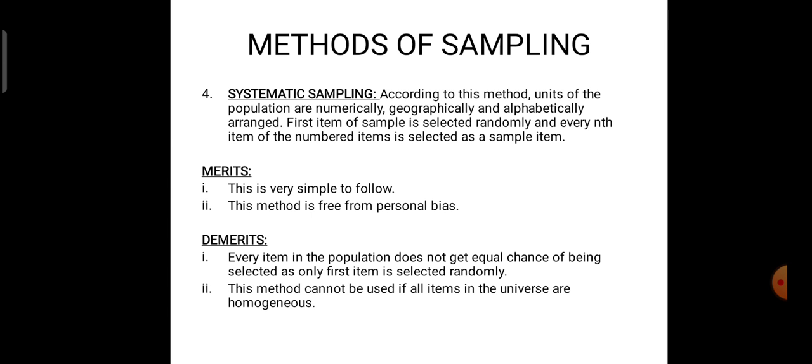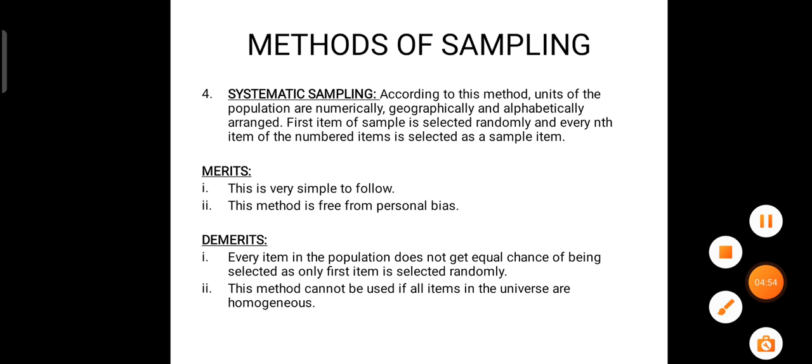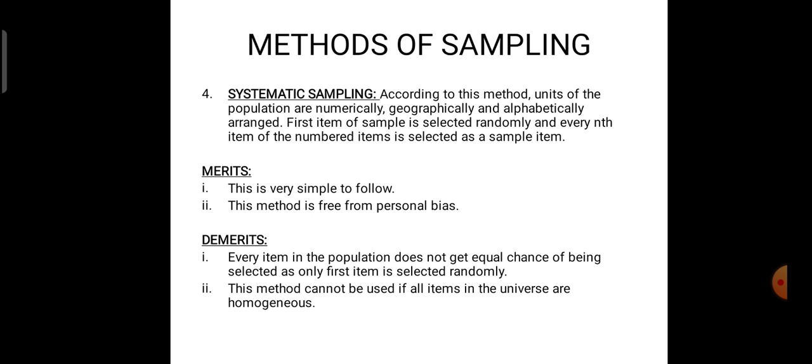For example, if the fourth item is selected, then the fifth, sixth and seventh items do not have any chance of being selected in the sample, as only the eighth item will be selected. And likewise, the 9th, 10th and 11th items also do not have any chance of being selected, only the 12th item will be selected. So all the items do not have equal chance of being selected in the sample.